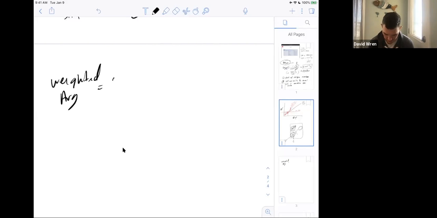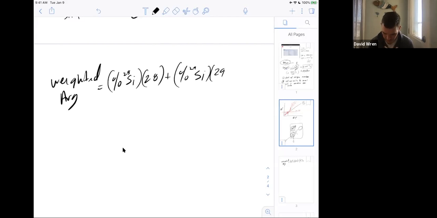So it's the percent of silicon 28 multiplied by 28, which is the mass, plus the percent, but as a decimal, of silicon 29 times 29 plus the percent of silicon 30 times 30.